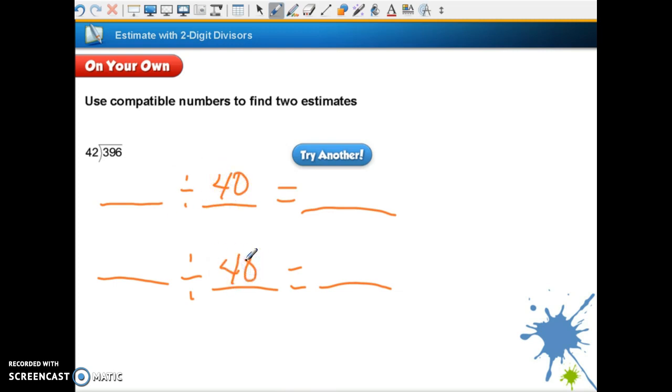Then I'm going to look at 39 and I'm going to do my multiples of 4. 4, 8, 12, 16, 20, 24, 28, 32, 36, and 40. So 36 was the one just below, and 40 is the one just above. So 4 goes into 36 9 times, so 40 goes into 360 9 times. And 400 divided by 40 is 10.